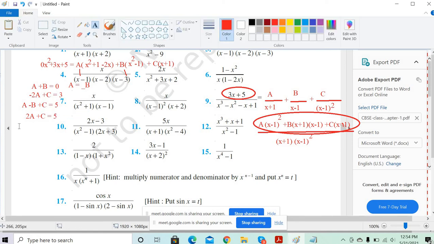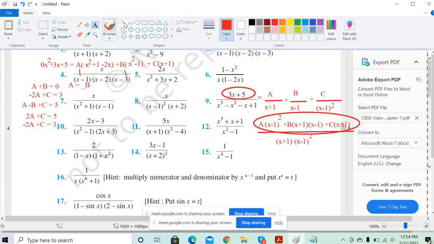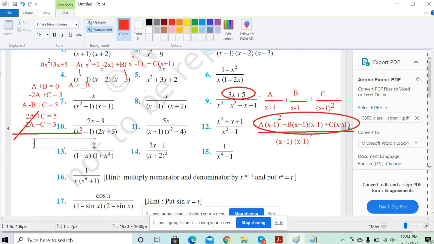And you have minus 2a plus c equal to 3. Now just add it. This will get cancelled. So 2c will be equal to 8. So c will be equal to 4, correct?